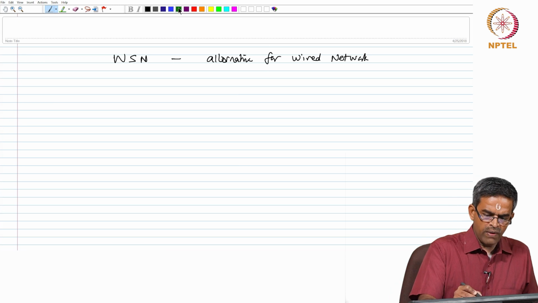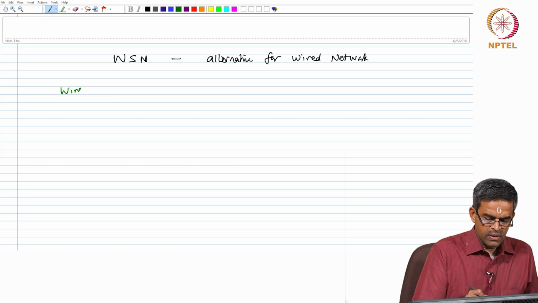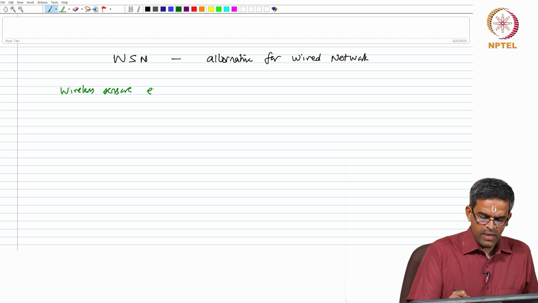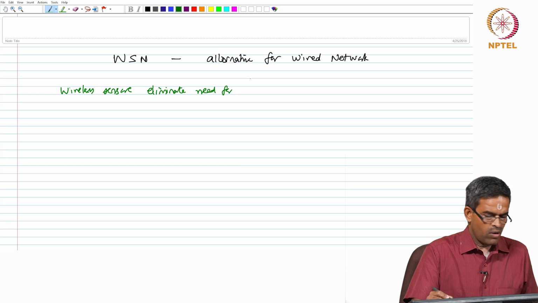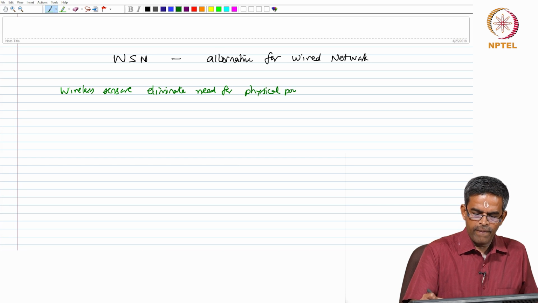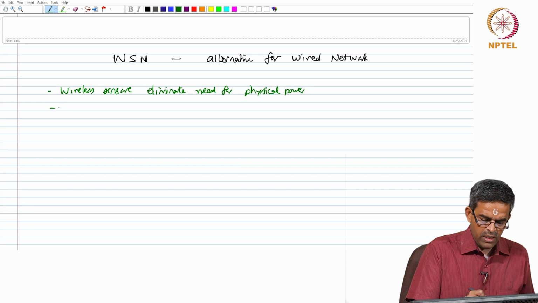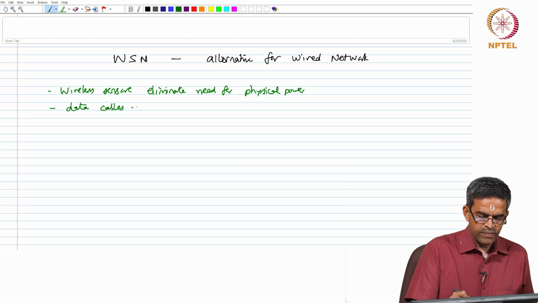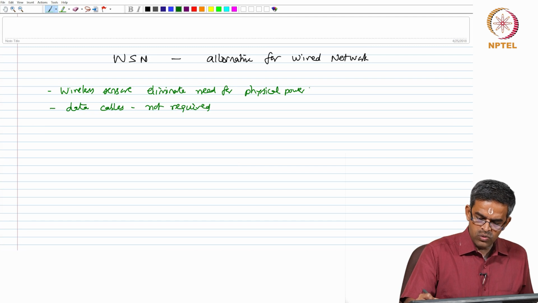So, the foremost advantage you see here is wireless sensors eliminate the need for physical power. There is no need for data cables, and this reduces the complexity in layout.